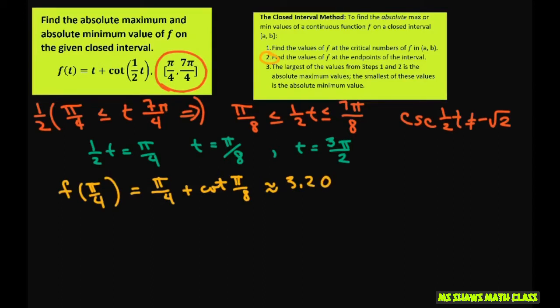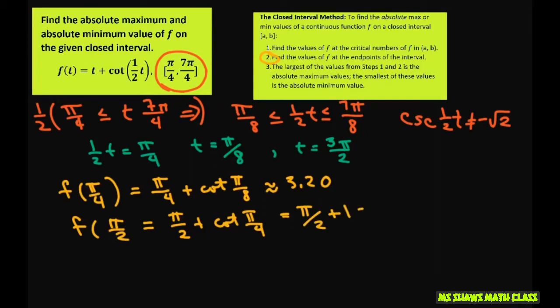Now let's use our f of pi over 2. Excuse me. And that's going to give you pi divided by 2 plus cotan of pi divided by 4, which equals pi divided by 2 plus 1, and that's going to be approximately 2.57. This should have been t is pi over 2, sorry.